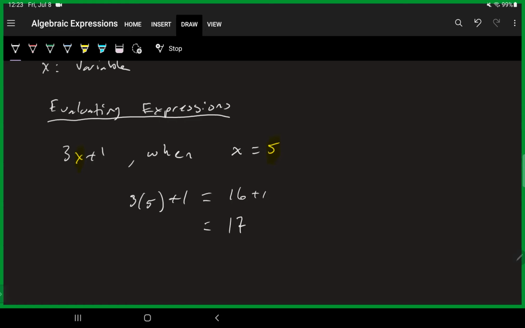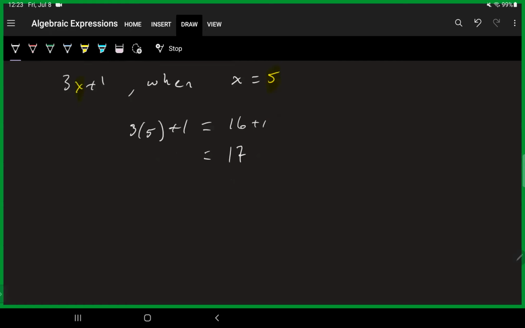If I want to evaluate x squared plus 2x plus 3 when x is equal to, let's see here, let's plug in a -2. When x is -2, we don't need the parentheses there, but I'm going to use them when I plug it in.